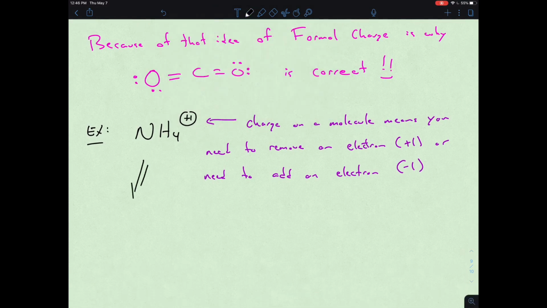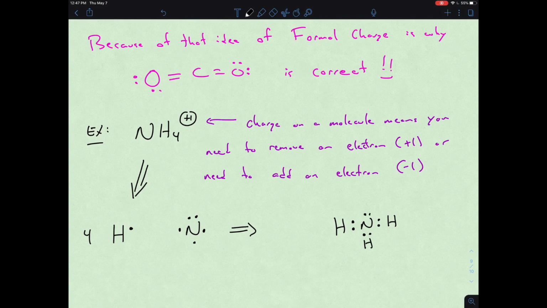So if we look at the two elements here, we have our 4 hydrogens. Each one has 1 electron in its valence shell. And then we have our nitrogen with its 5 electrons in its valence shell. And if we put that together, at least for the first 3, it's pretty straightforward.